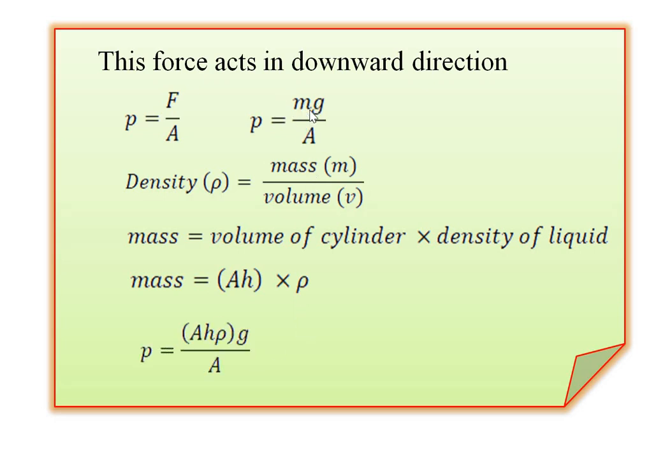Putting the values in the equation, we get P equals A h rho g divided by capital A. So the area term gets cancelled. We get the pressure equation P equals simply h rho g.